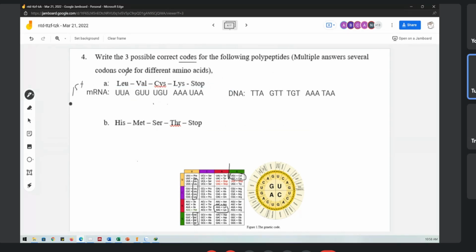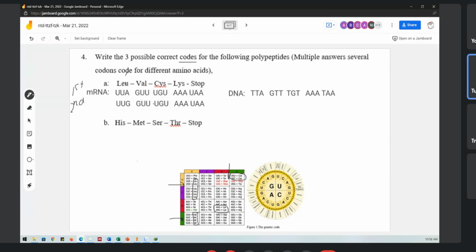So the second one, you do similarly, and what you have to do here is choose another combination to have, for example, leucine here. So instead of UUA, here I use UUG. So we also have UUG leucine here. Next one, valine.